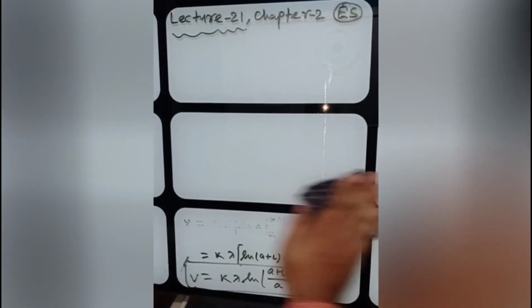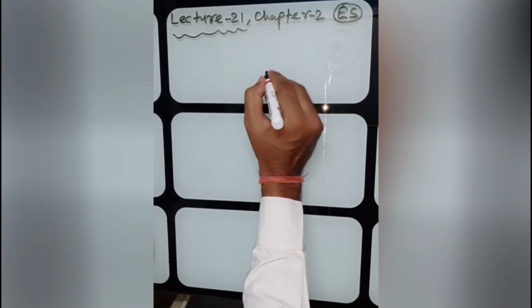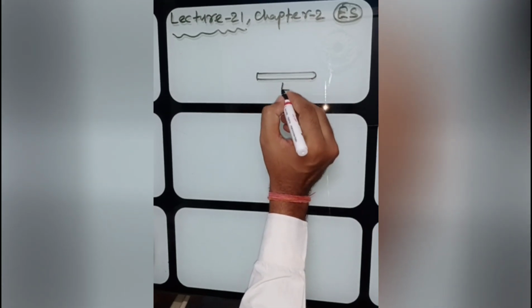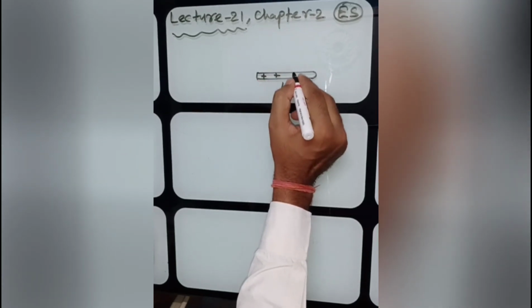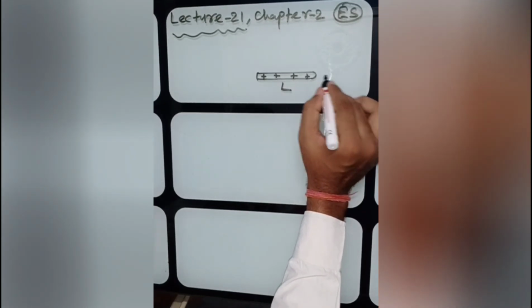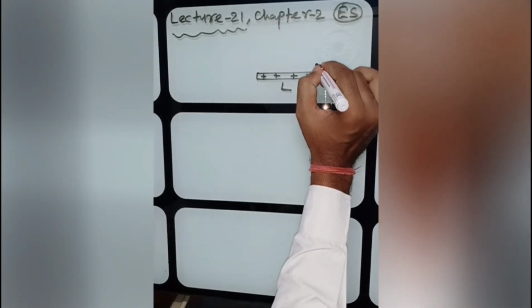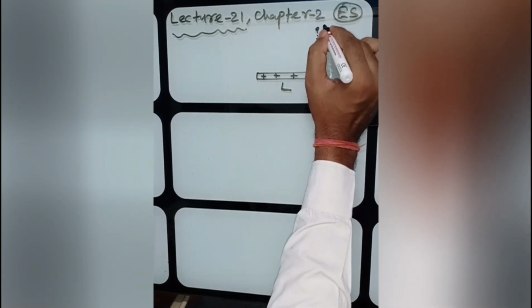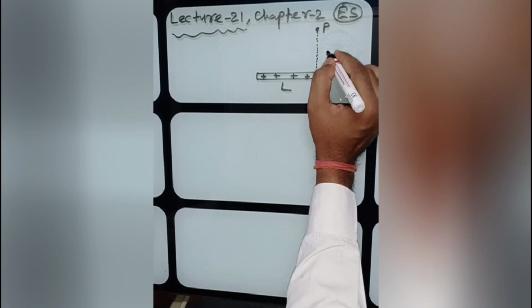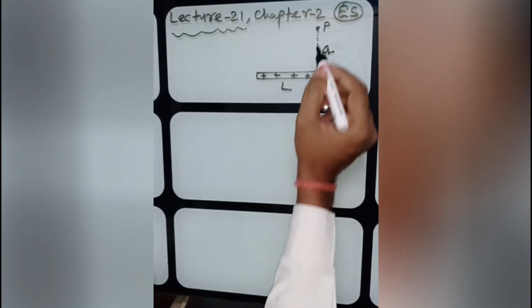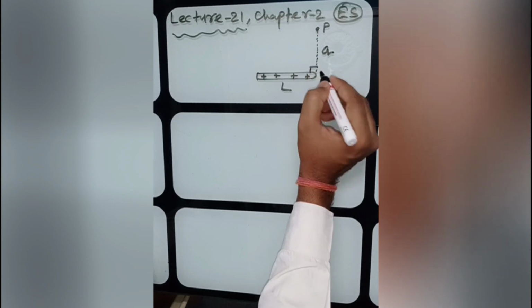Now you have to find the potential of a rod of the same linear charge density lambda and same length, but not at this point; at a point perpendicular to the rod.